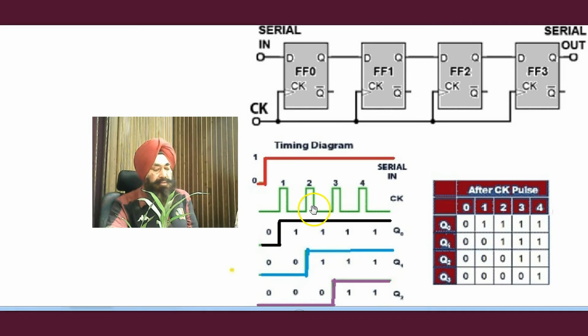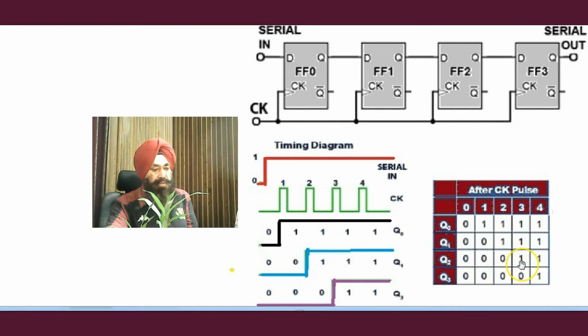Okay. Now when the third clock pulse arrives, what will happen? The one here will be shifted to this place. The one here is shifted to this place. The one here will now come to this point. The 0 that was here is shifted here.